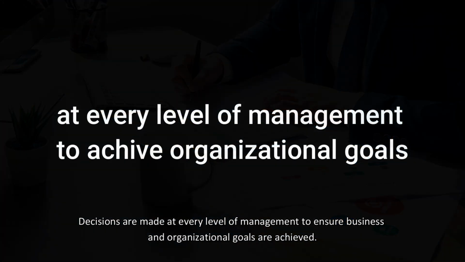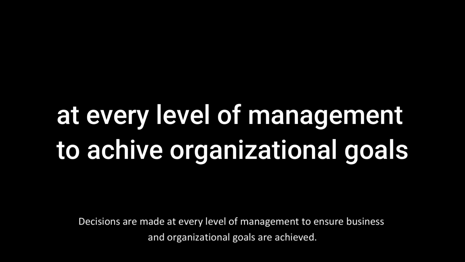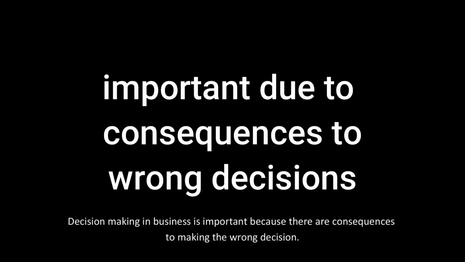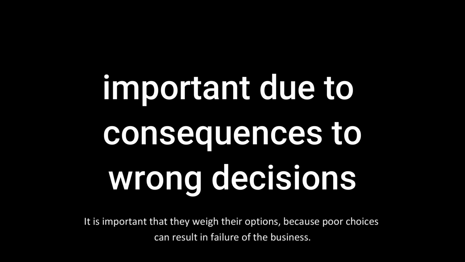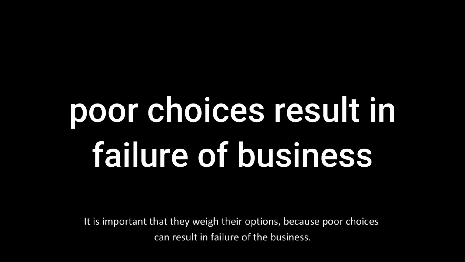Decisions are made at every level of management to ensure business and organizational goals are achieved. Decision-making in business is important because there are consequences to making the wrong decision. It is important that they weigh their options because poor choices can result in failure of the business.